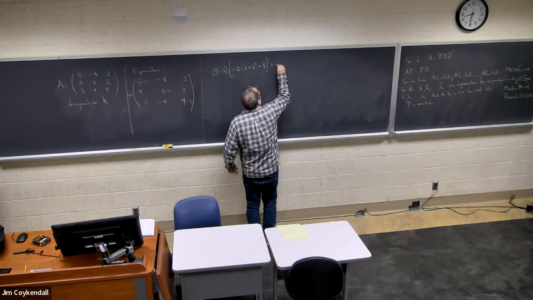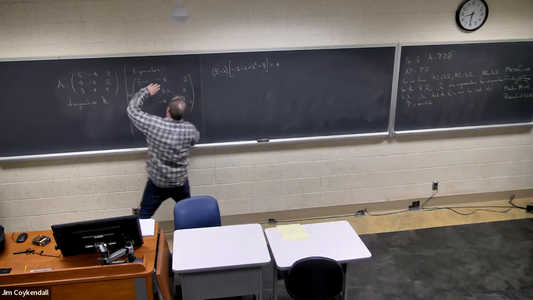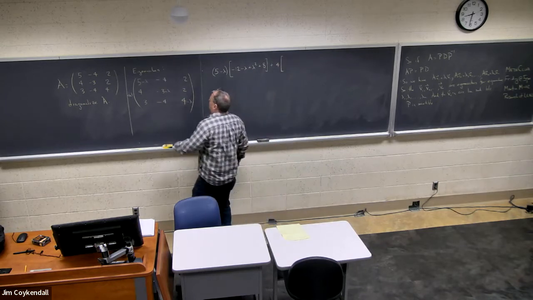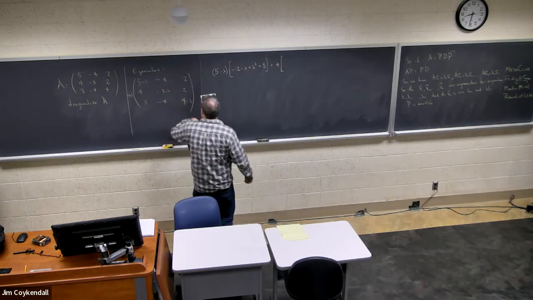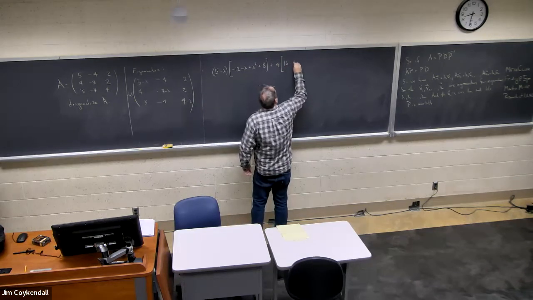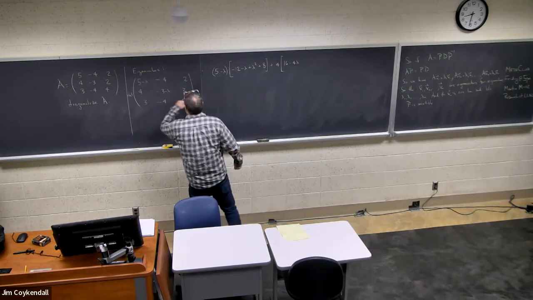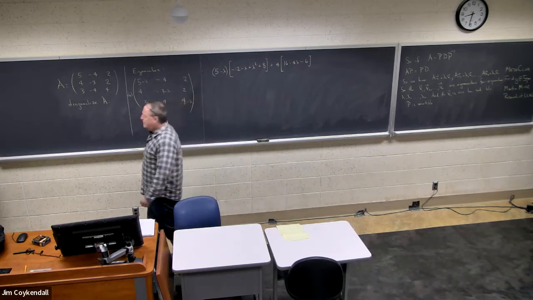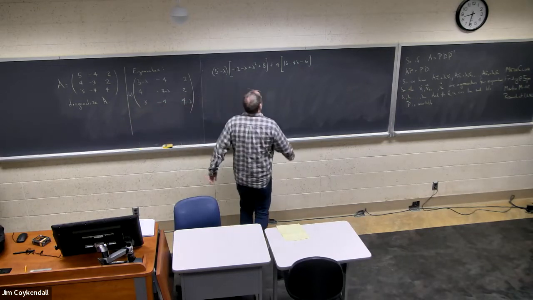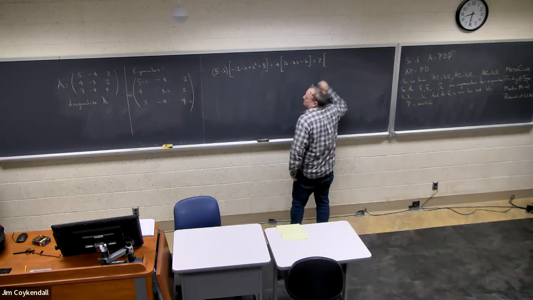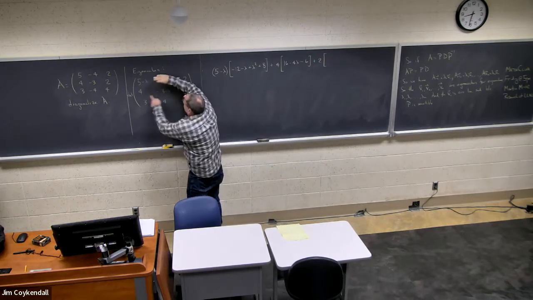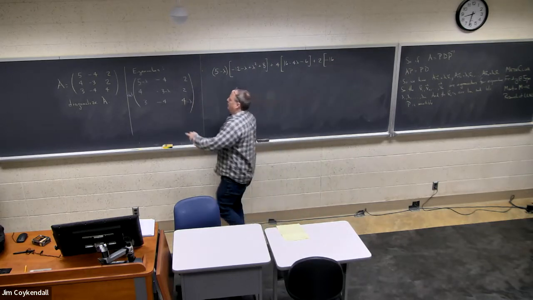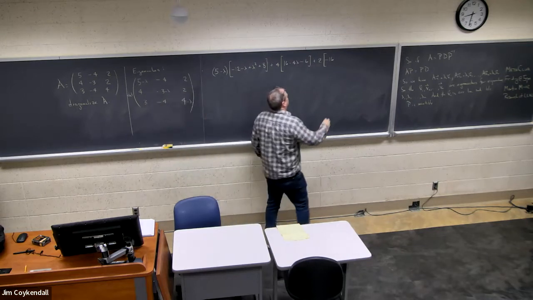Next bit, plus 4 times the determinant of this matrix here, which is going to be 16 minus 4 lambda minus 6. And finally, plus 2 times the determinant of this matrix here, that's going to be minus 16 and 9 plus 3 lambda.